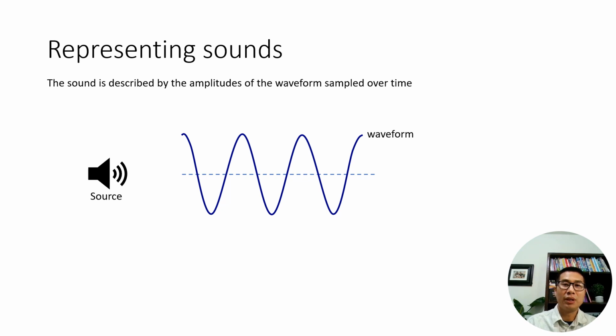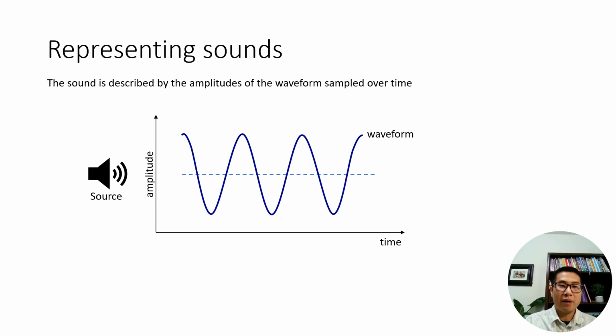In the computer, it's going to be represented by the amplitude of this waveform over time, but we cannot represent all the possible values over time. That's why we need to sample discrete points in time. At some point in time, we're going to sample what the amplitude is.